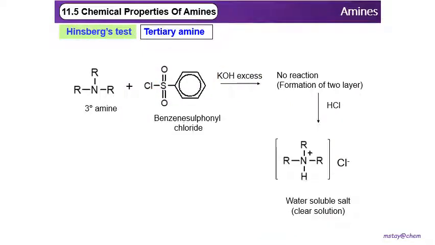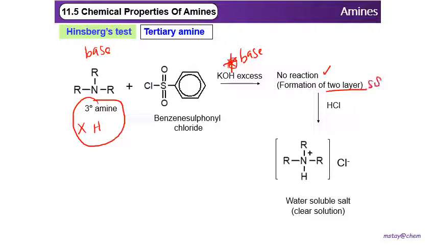The tertiary amine basically will not react with benzene sulfonyl chloride because there is no hydrogen on the amine. Even though you add in the KOH, KOH is a base and the tertiary amine is also a base. Base and base basically have no reaction, and they will form two-layer solutions.